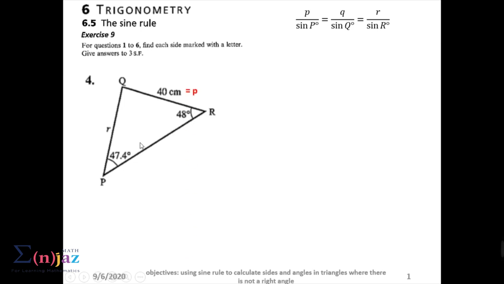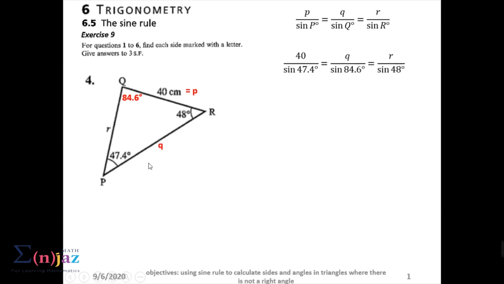So this is my P, as we explained, small p. This angle, we found it by adding the 47.4 and the 48 and then subtracting the total from 180. This is side Q, Q small. PR represents Q small.